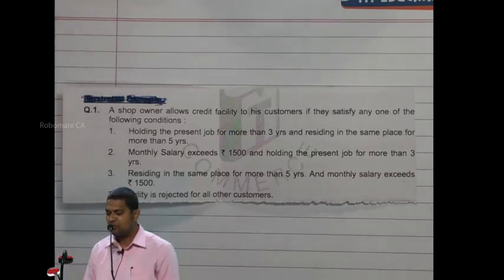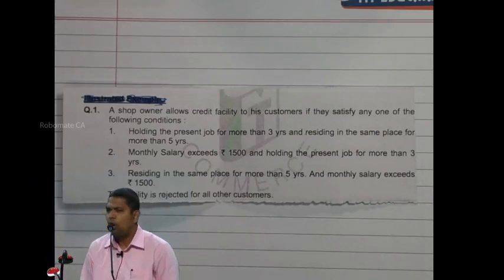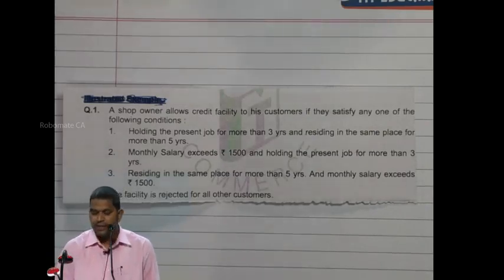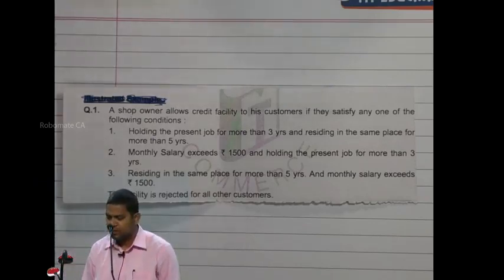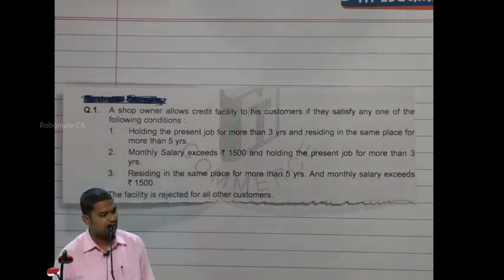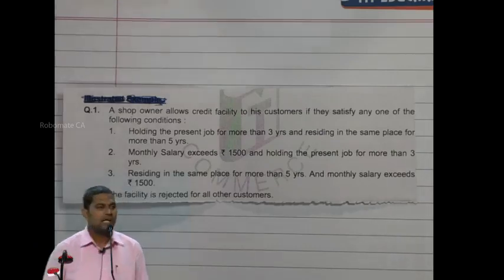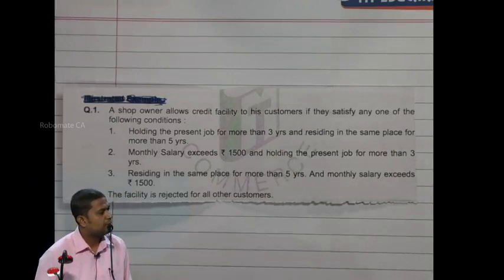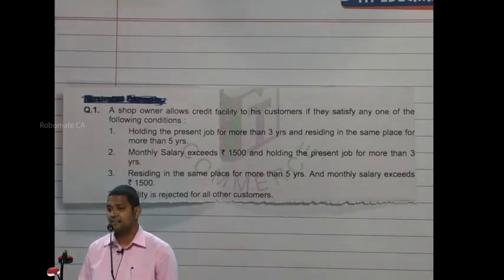If this condition is not followed, then there are other criteria also, like the monthly salary should exceed rupees 1,500, and he should be in the job for more than 3 years. There is a third criteria also. He should be residing in the same place for more than 5 years, and his salary should be greater than 1,500. If any one of the conditions is fulfilled, the shopkeeper will give credit, else he will reject the credit.